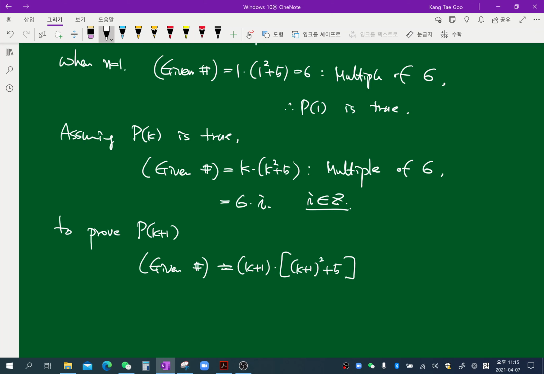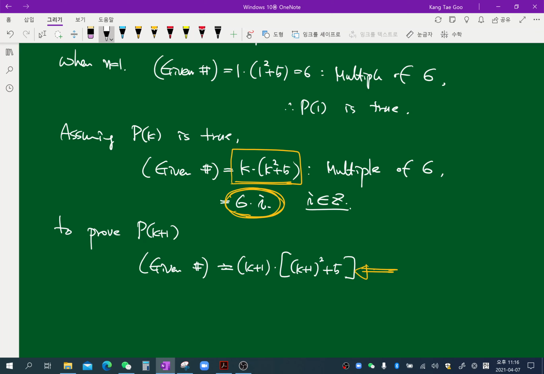Then what we do is we need to bring the fact, the thing we have assumed is true: k times k squared plus 5 is 6 times an integer. Then we should make the same form from this line, so that we can substitute that by 6i, correct?